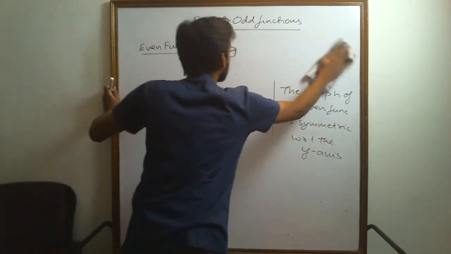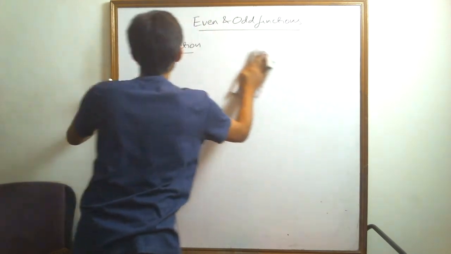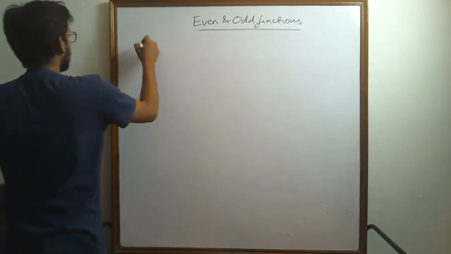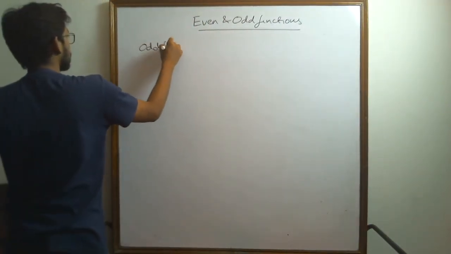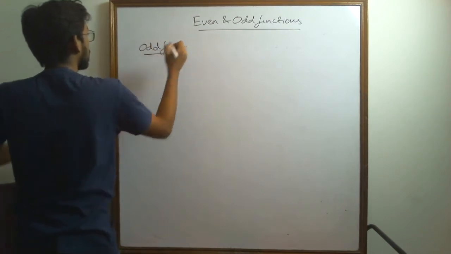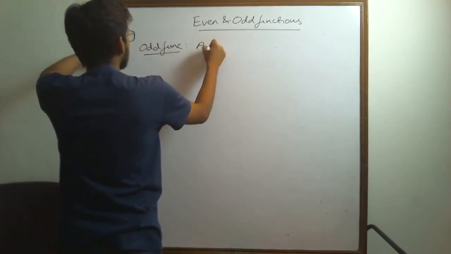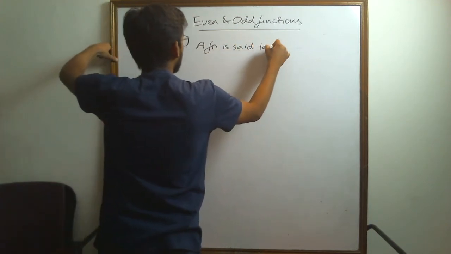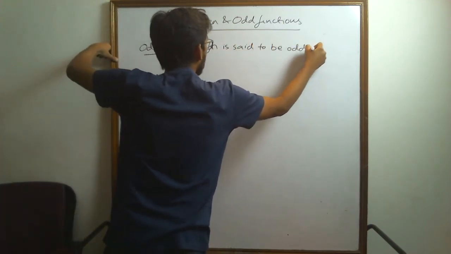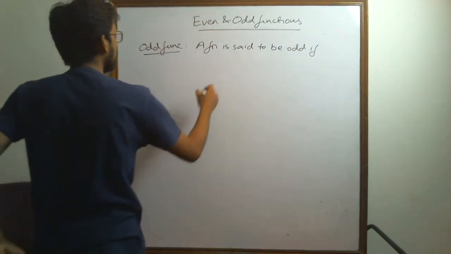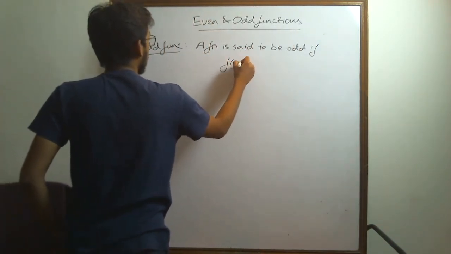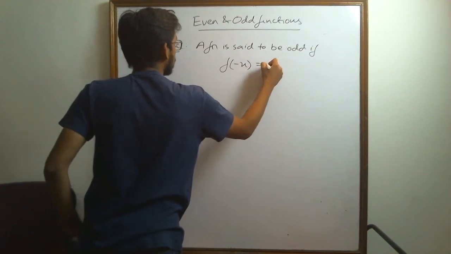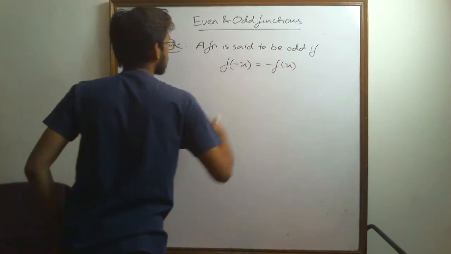Now let's look at an odd function. Odd function. A function is said to be odd if f of minus x is equal to minus of f of x.